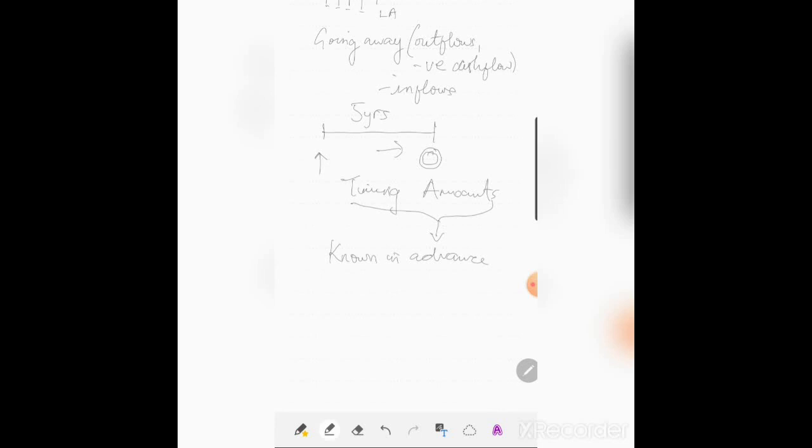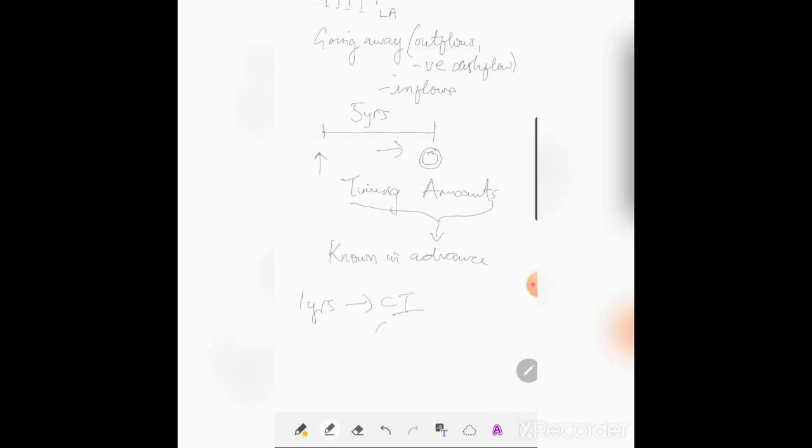But of course, whatever inflows and outflows I'm able to project for each point in time, we'll try to do the netting. Netting is nothing but the excess of the inflows over the outflows. At the end of the first year, what are my total cash inflows?